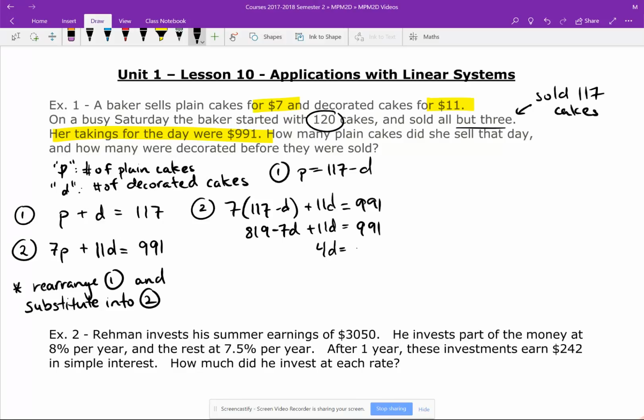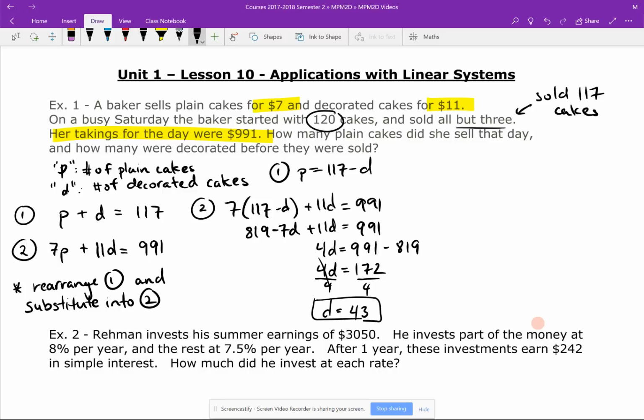If I subtract 819 on both sides, I'll have minus 819 on the right, and then I simplify the right side: subtracting these two numbers, I get 172. So 4D equals 172, and if I divide both sides by 4, I'll get my answer for D. So D is equal to 172 divided by 4, which is 43.